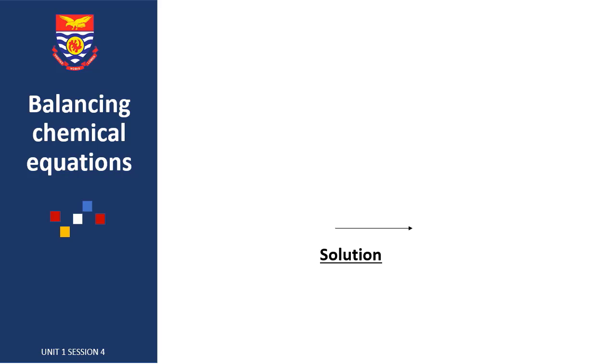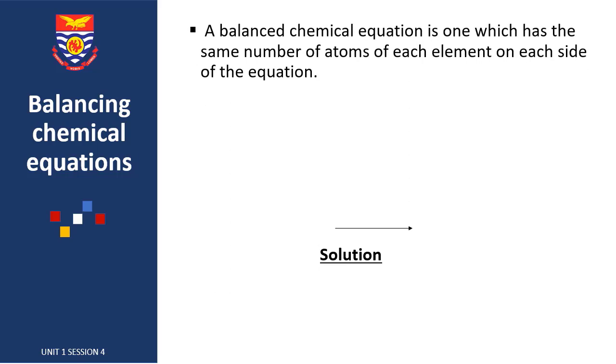Now when you write a chemical equation, you cannot just leave it like that. There is one thing that you need to do, that is to balance the equation, and so that's our next objective, balancing chemical equations. When do we say an equation is balanced? It is when the same number of atoms of each element appear on each side of the equation.